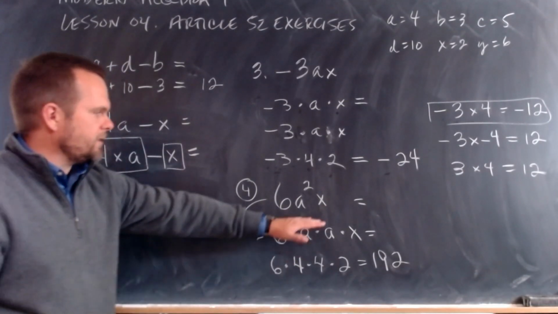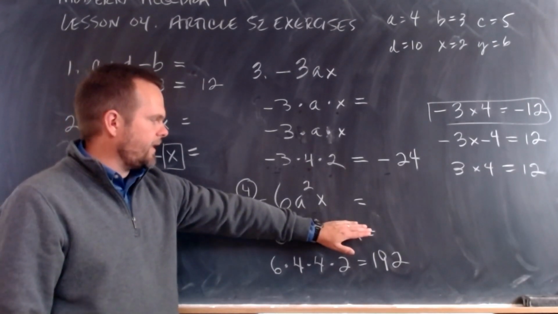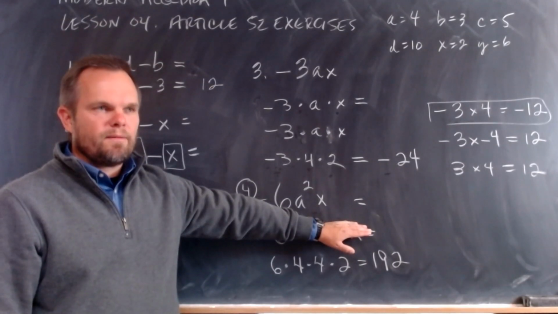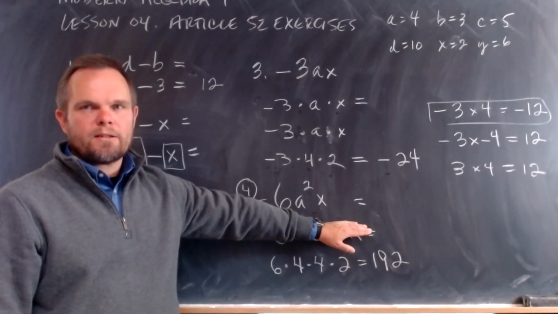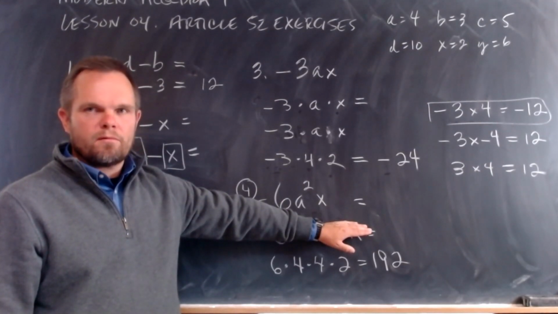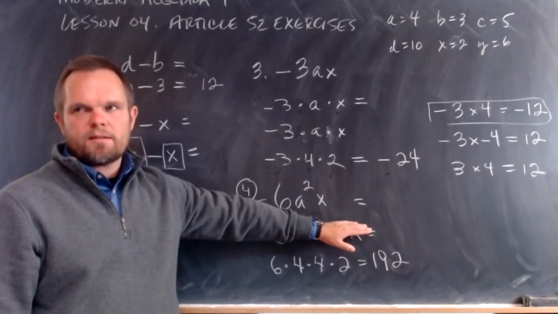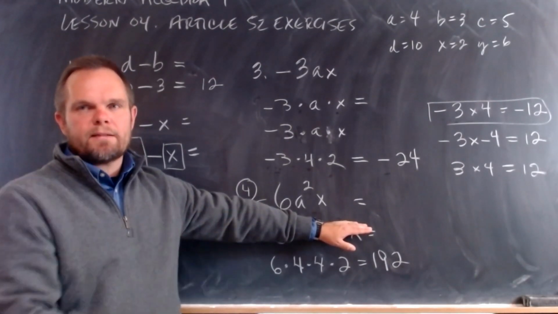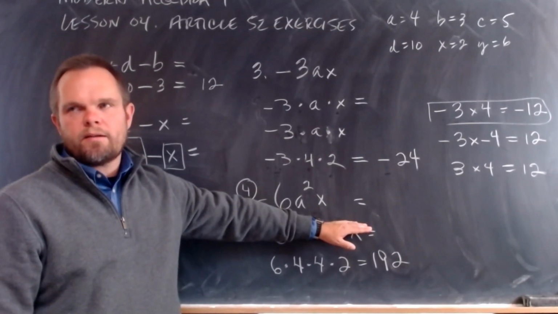Who can explain to me what this means? 6a squared x. Can you explain what that means? You want to try again? Go ahead. 6 times a times itself. Right. Times x. 6 times a times x. And you would read that as 6a squared x.